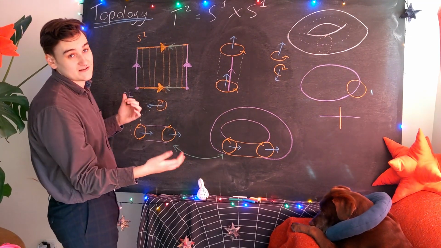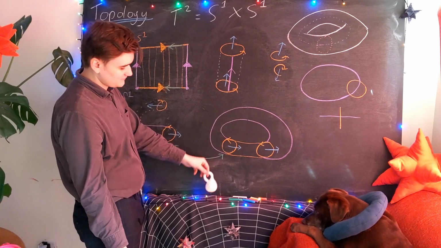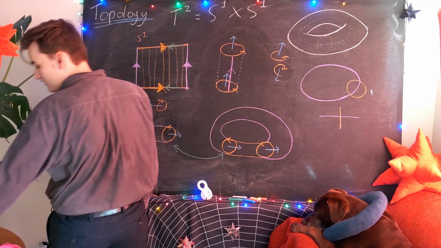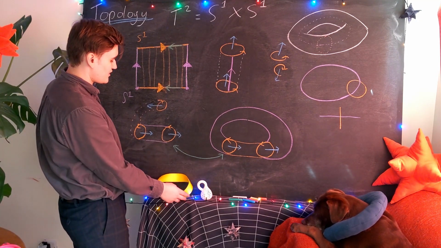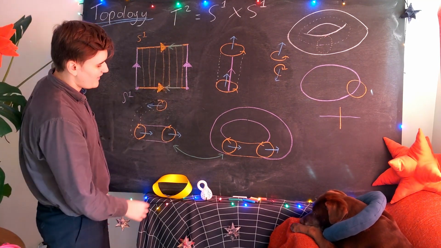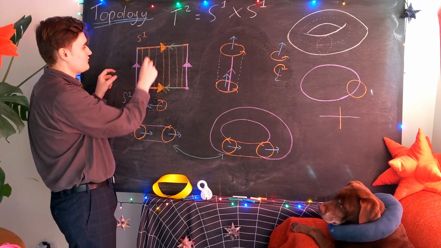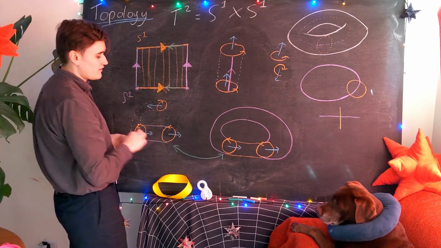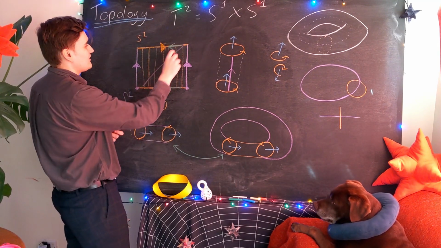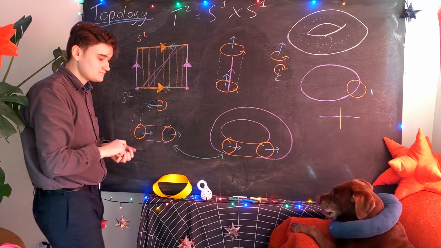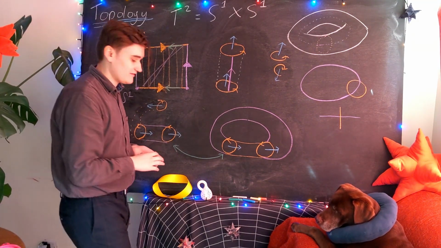We're going to see some more exotic examples in future videos, like the Klein bottle or the Mobius strip, which we'll see we can construct using this square, but rather than identifying these edges with their opposite points, we start identifying edges with their diagonally opposite points. And we'll see what interesting properties this gives us in future videos.